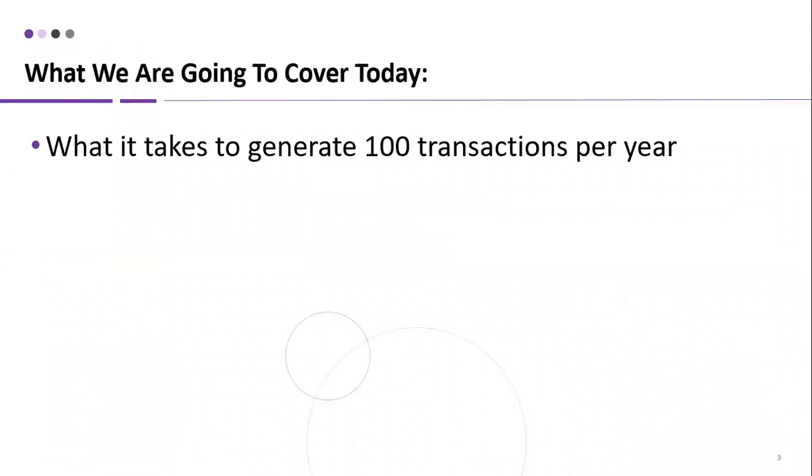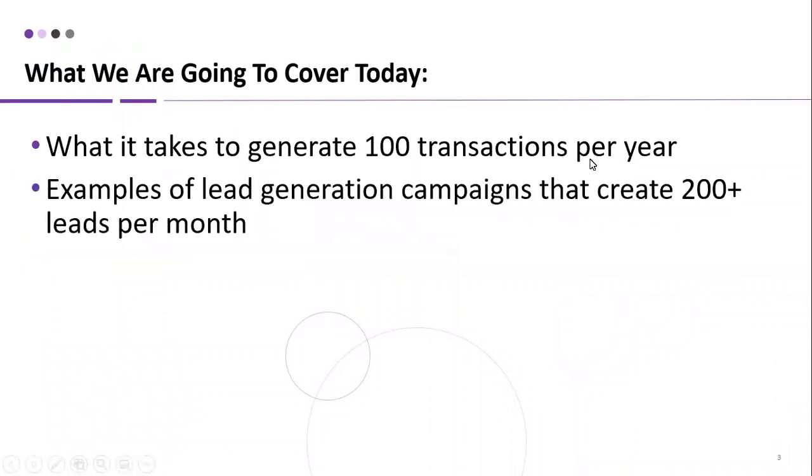The first thing I'm going to be covering is exactly the blueprint, what it takes to generate 100 transactions per year. Again, there is a strategy and a process to reach that level, and that's exactly what I'm going to be showing you. We're also going to be talking about examples of lead generation campaigns that are generating at least 200 leads per month.